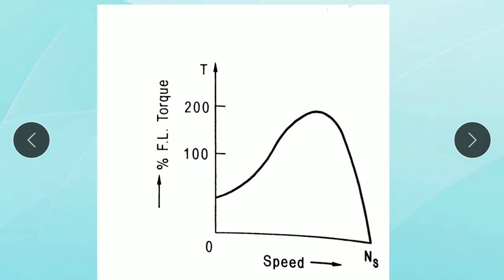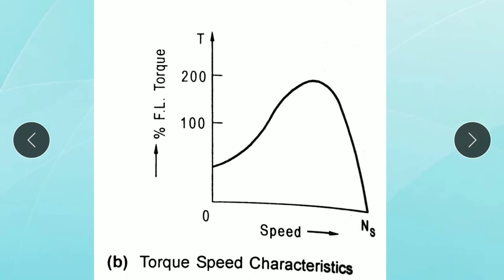The torque is taken along the y-axis and the speed along the x-axis. This is the torque and speed characteristics.